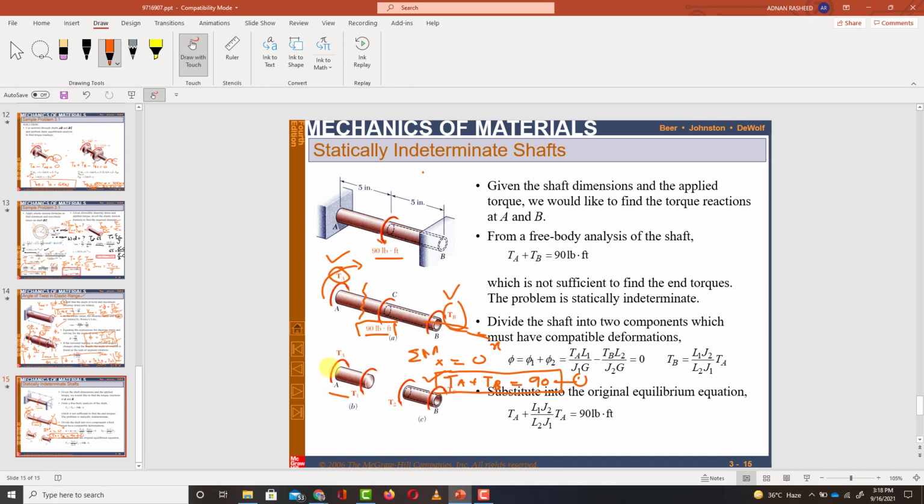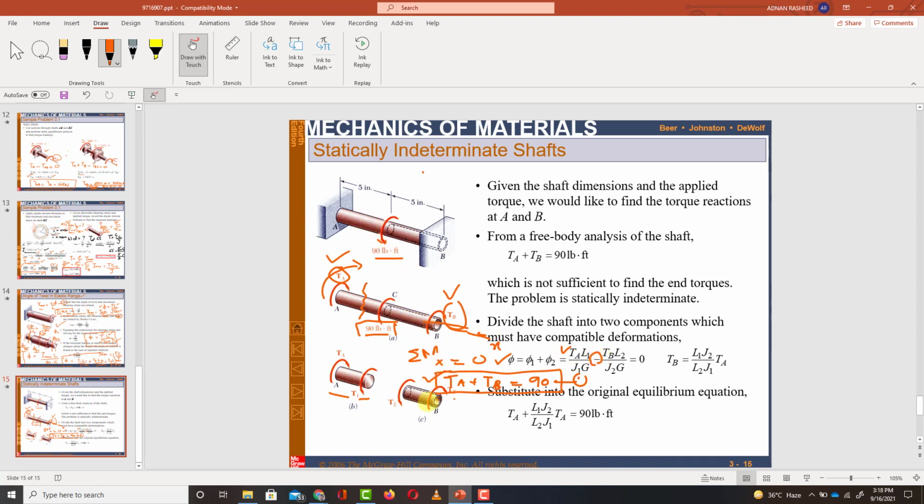When you section it, T1 will become equal to TA, and at point B T2 will be equal to TB, and the total twist will be equal to phi 1 plus phi 2. Phi 1 is TA L1 over J1 G minus TB L2 over J2 G2. Why is there a minus sign?